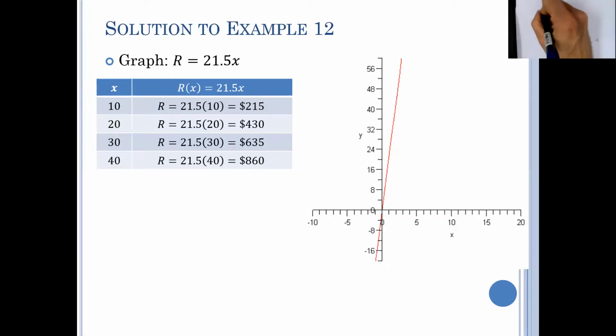There we go, all the way up to 800. And actually I'll go all the way up to 900, because you're almost at 900 by the time you get to 860.